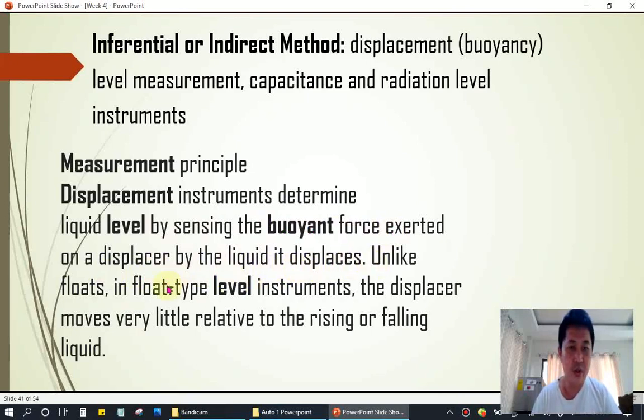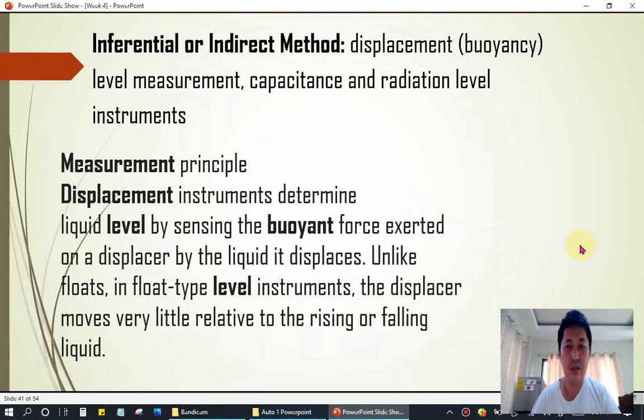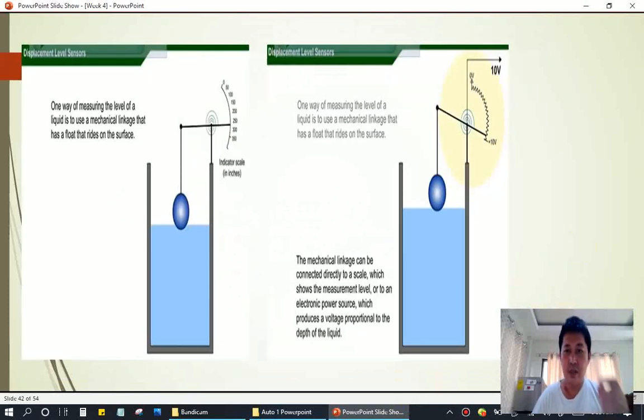Unlike floats, in a float type level instrument, the displacer moves very little relative to the rising or falling of the liquid. So this is called the displacer here. So this is an example of displacement level sensor.